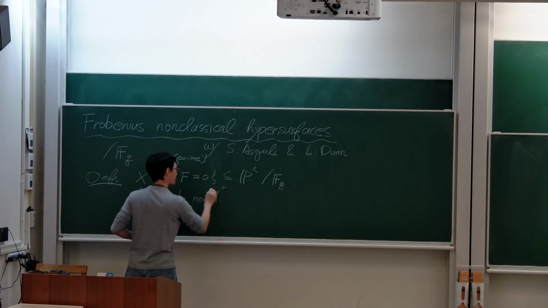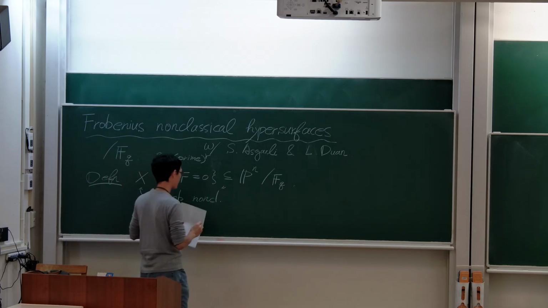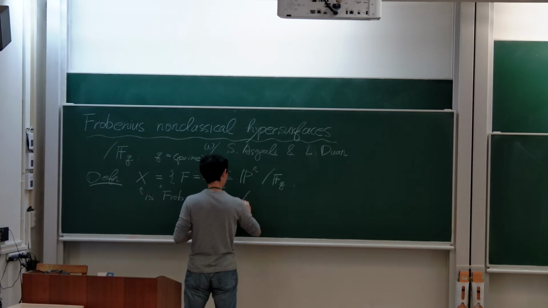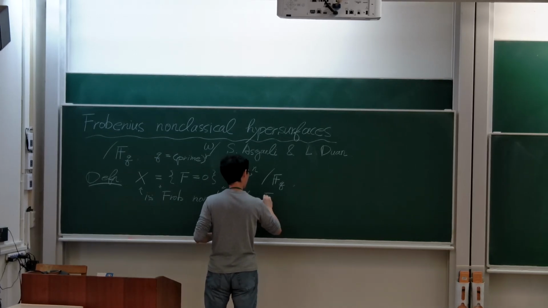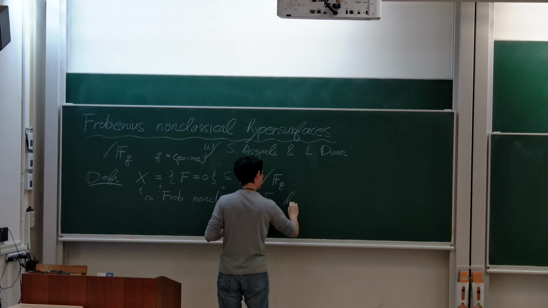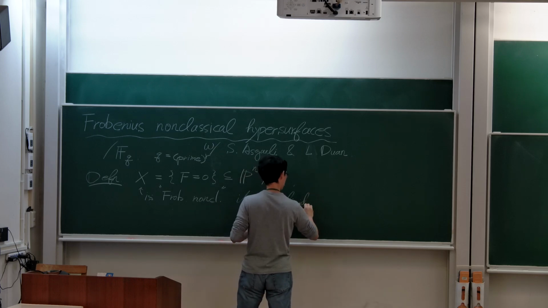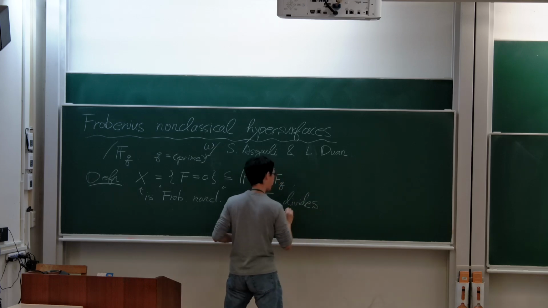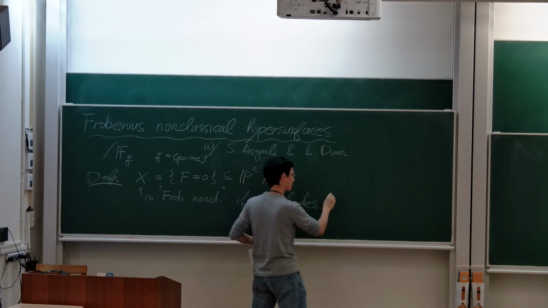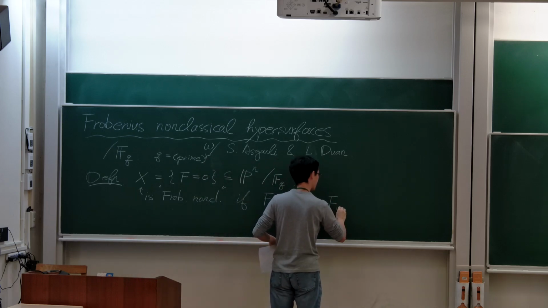Let me abbreviate it this way. Frobenius non-classical if its defining polynomial f divides another polynomial, which we denote as F10 for some reason.